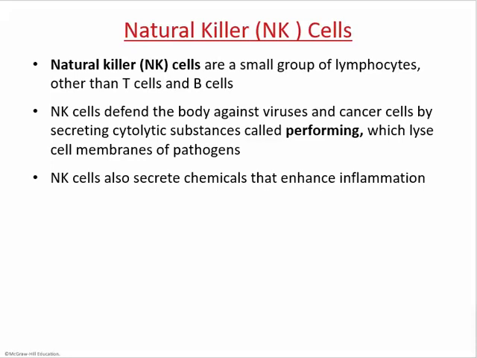So the first of the cells is a natural killer cell. And the natural killer cell's job is to kill our own body cells that have something wrong with them.